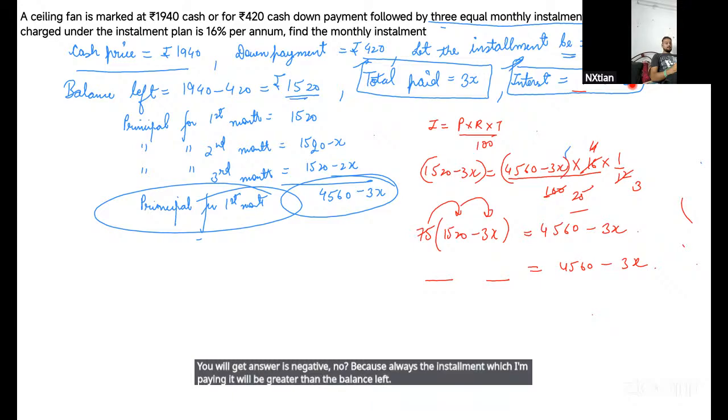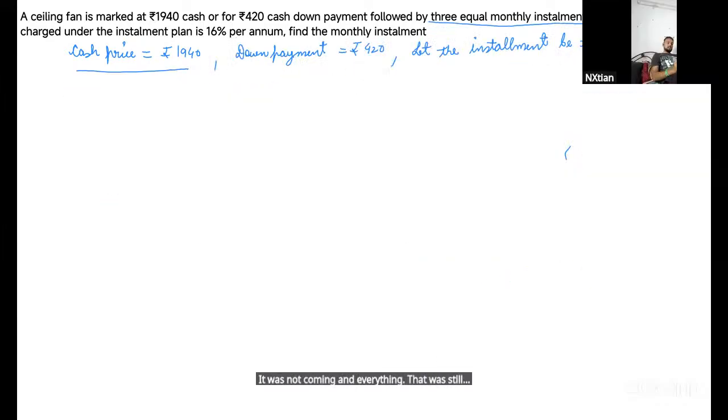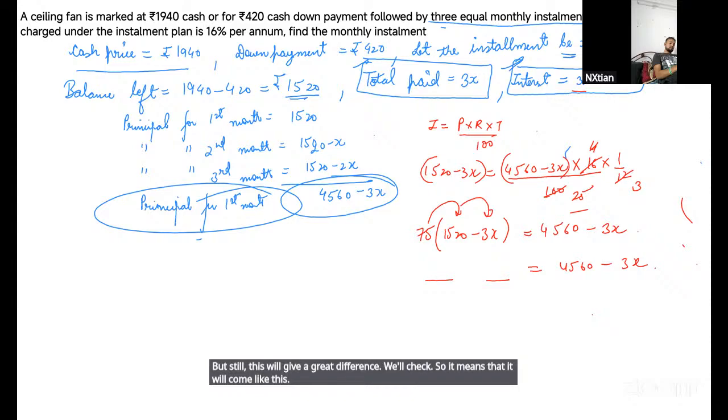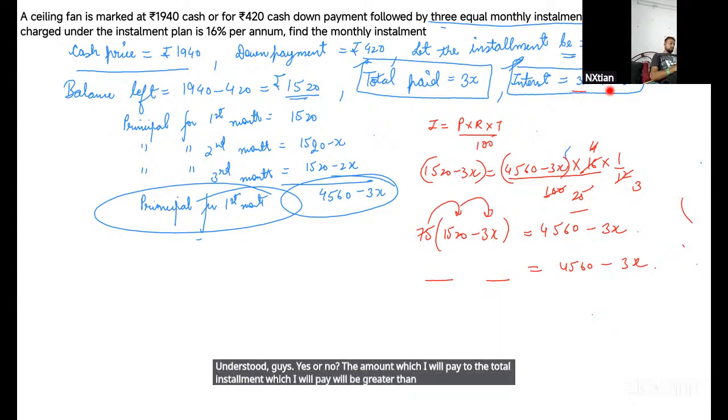So it will come like this: 3x minus 1520, because the balance left will be less compared to the amount which I will put. The total installment which I will pay will be greater than the balance left. Understood?